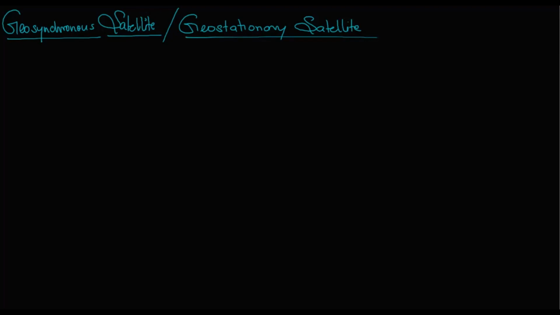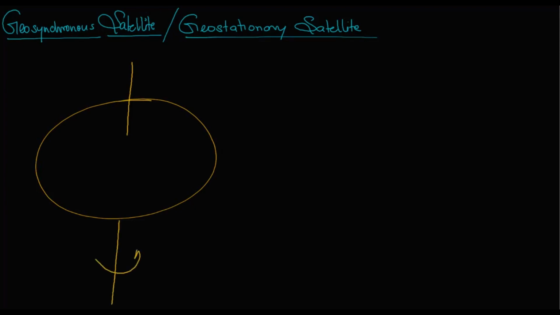So we have the Earth, right? In addition to the motion or the rotation it has about the sun, we know that Earth has its own axis and Earth rotates about its own axis, and the period of rotation is 24 hours, right? So every 24 hours, the Earth is in rotation.